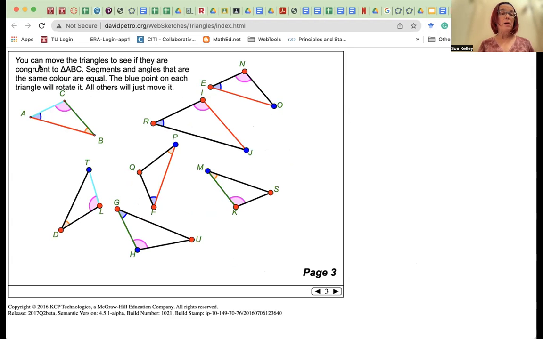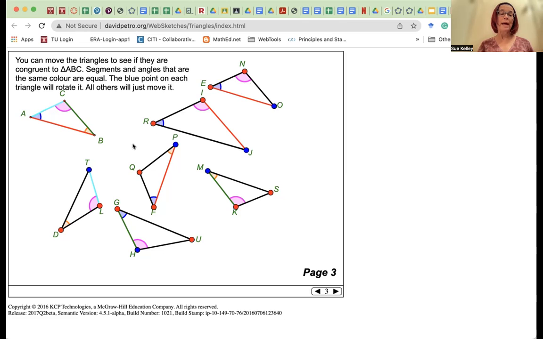And then I want you to see here that we have a triangle ABC. And what we're going to try to do is translate these other triangles so that they potentially can match up with triangle ABC and see if we can get them to be congruent.